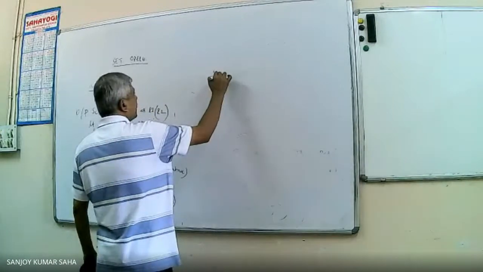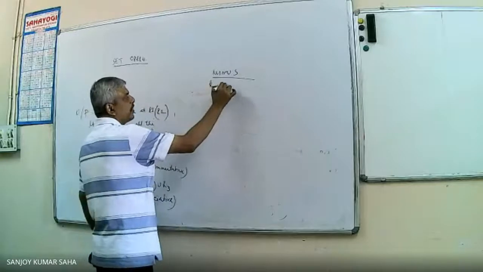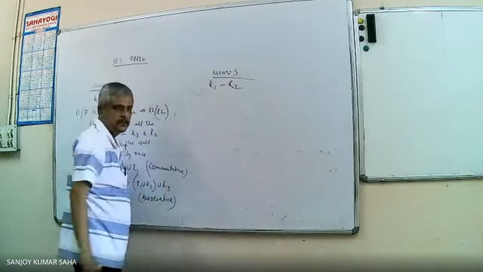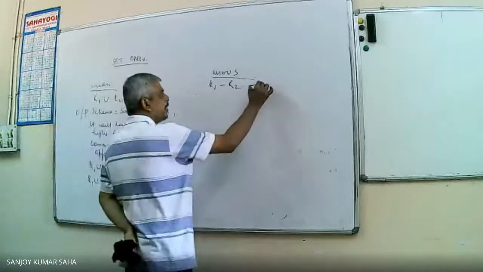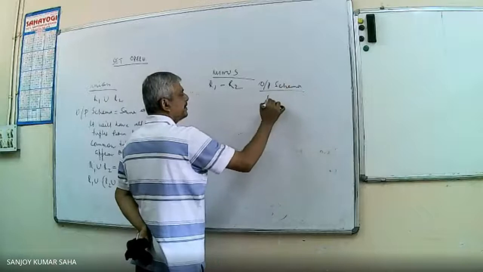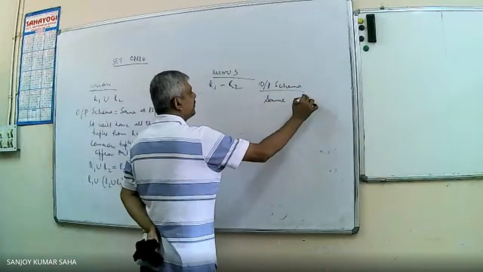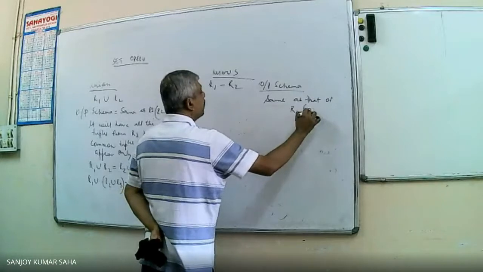If we think about the minus operation, say R1 minus R2, again the output schema is the same as that of R1 or R2.